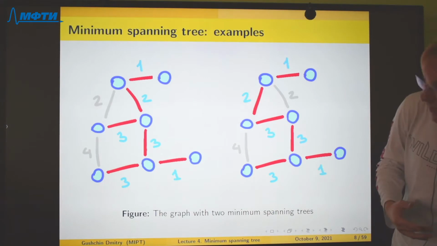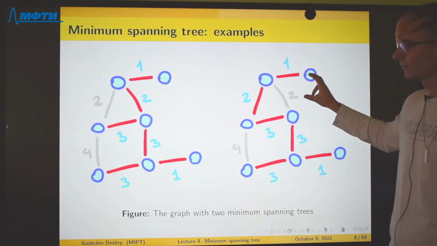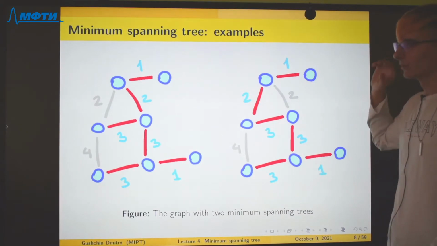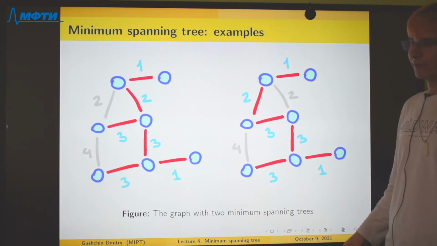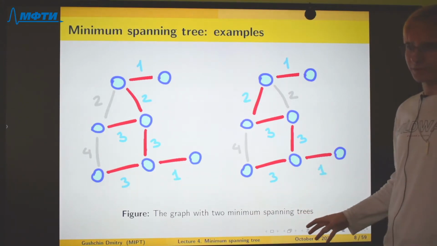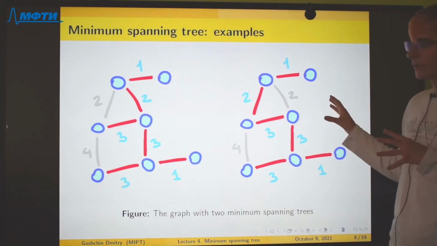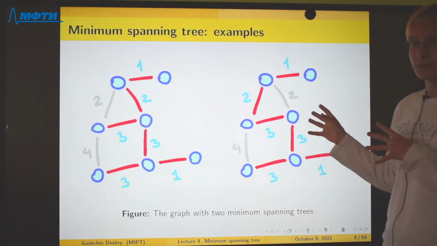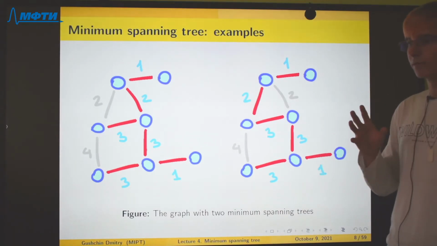But it isn't always true that equal weights give different minimal spanning trees. We can have edges with equal weights in the graph and in this case have only one minimal spanning tree.